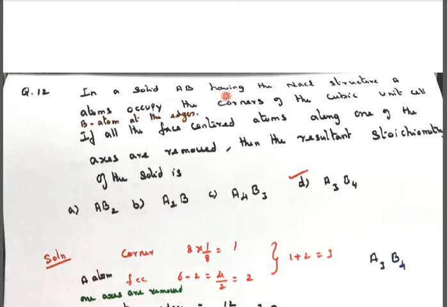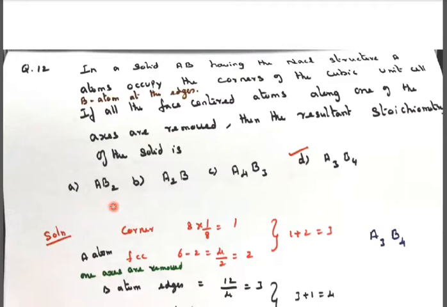What is the formula: AB2, A2B, A4B3 or A3B4?